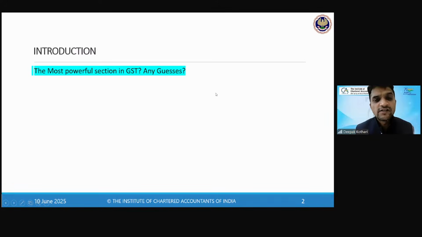Come on. If you don't know the section number, it's fine, but what does it say? Which section will be the most powerful? Devu Mitra is saying section 16. Ishan Best is saying section 24. Charging section. Okay. Section 11. Section 7.